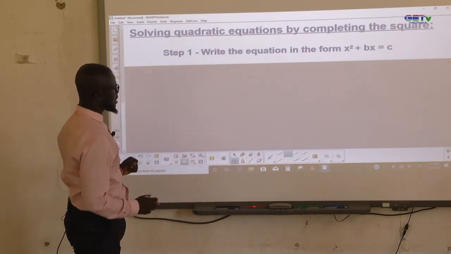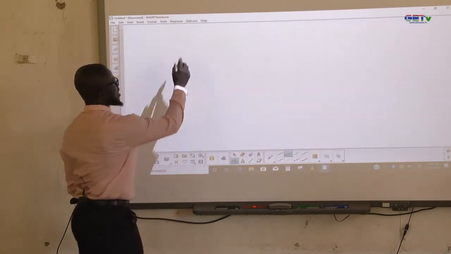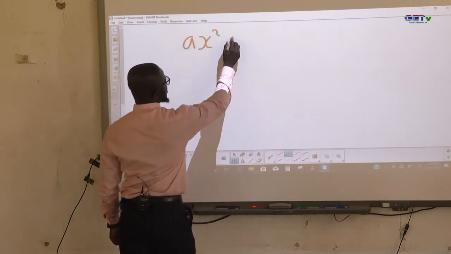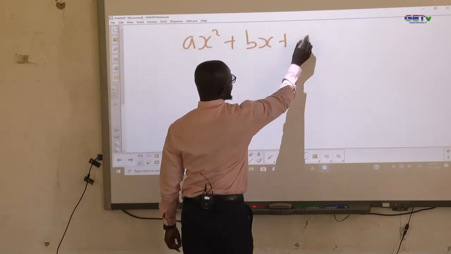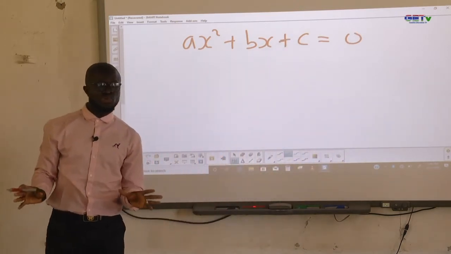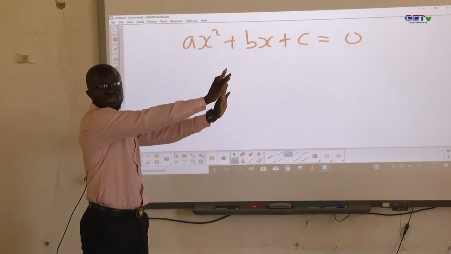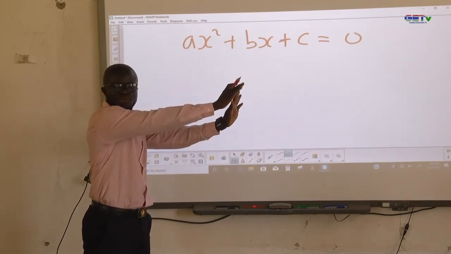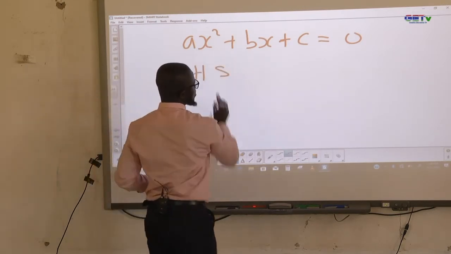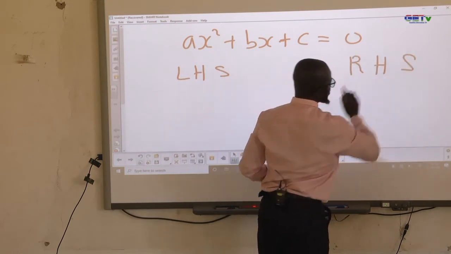If you are given any quadratic equation, let's say I am given an equation of this form, ax squared plus bx plus c equals 0. All the rule is saying here is you have to what? Transpose the constant to the right-hand side of the equation. Very important. Remember, this is our left-hand side, and after the equals sign, we have the right-hand side.